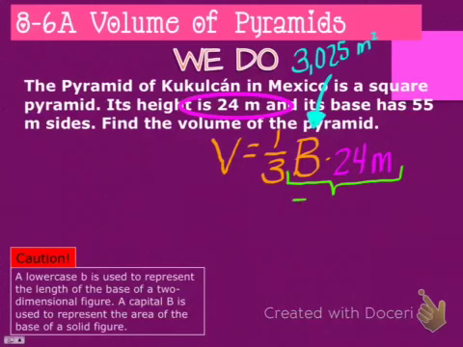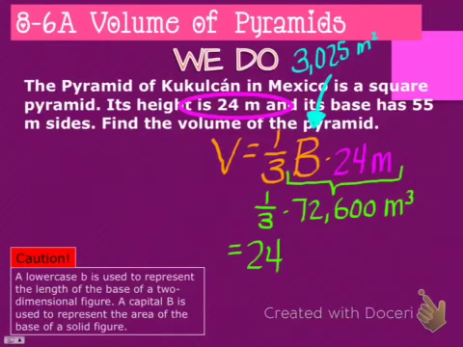This gives us 72,600 cubic meters. Bring down our 1/3. So we're technically going to be dividing by 3, and that's going to leave us with a volume of 24,200 cubic meters.